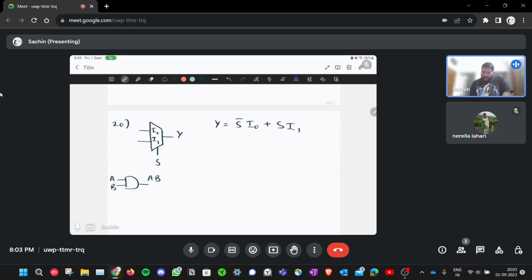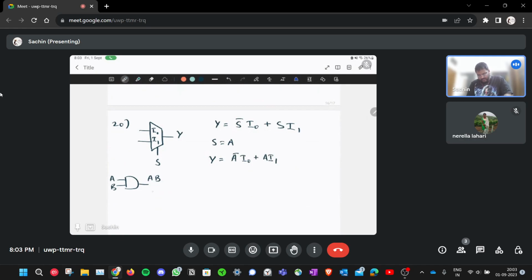You can see that here, suppose I give S equal to A, then Y is S bar I0 plus S I1. Since S is A, this is A bar I0 plus A I1.